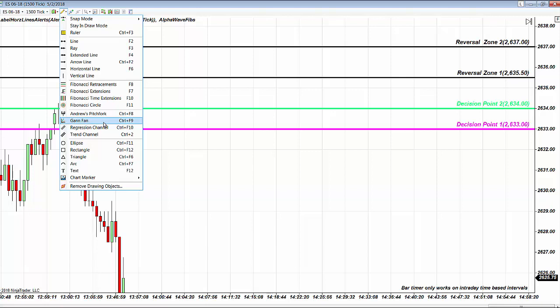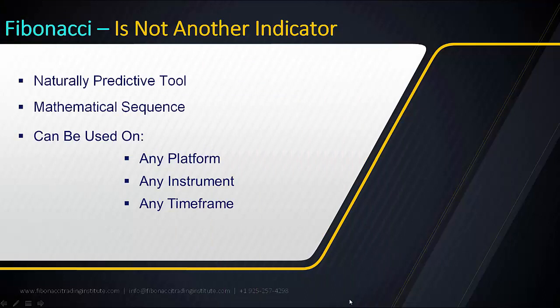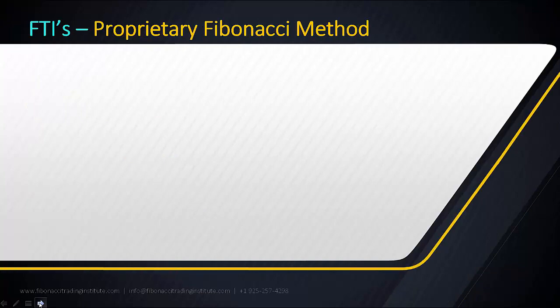You can't plot Fibonacci randomly into the chart. And that's what I recognized very, very clearly when I went to work in 2008 studying the markets, seeing very, very clearly that price forms the exact same patterns on any instrument, any time frame, any platform, that the market is formed by the Fibonacci sequence.